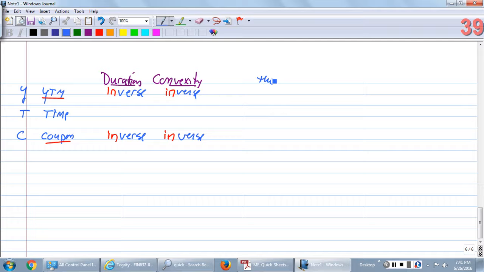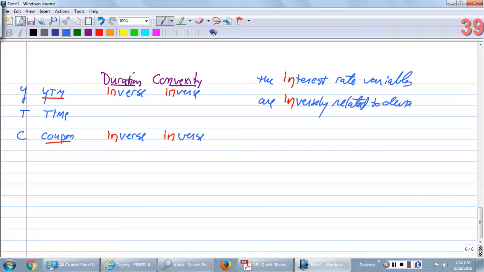So I'm going to write the interest rate variables are inversely related to duration and convexity.